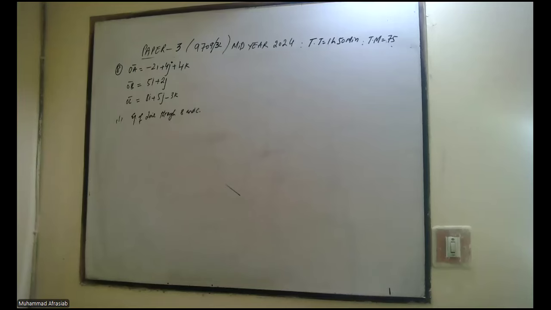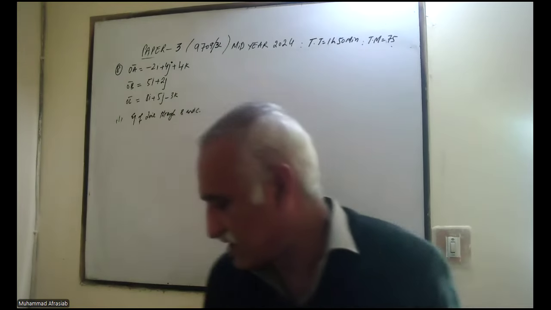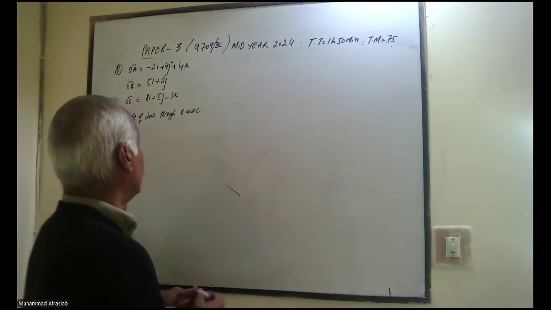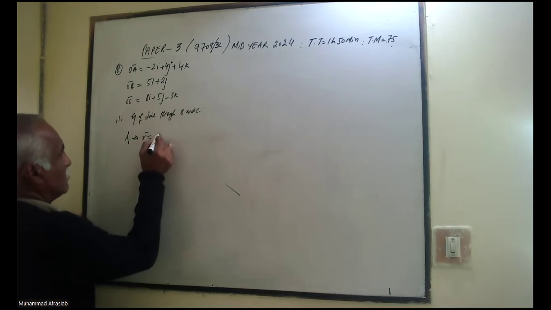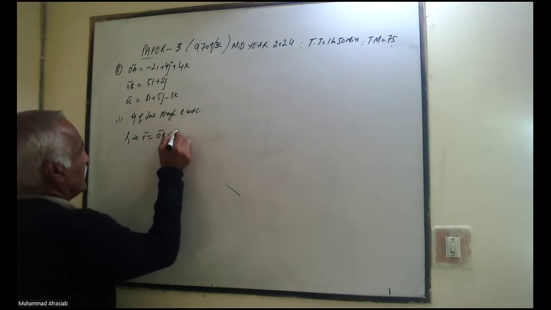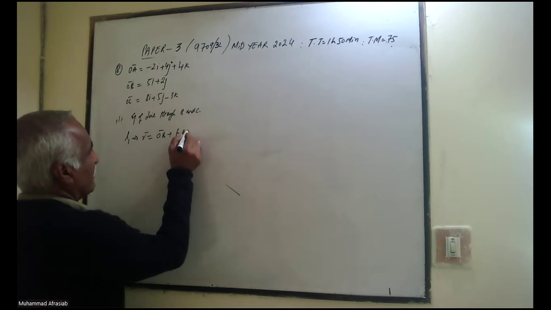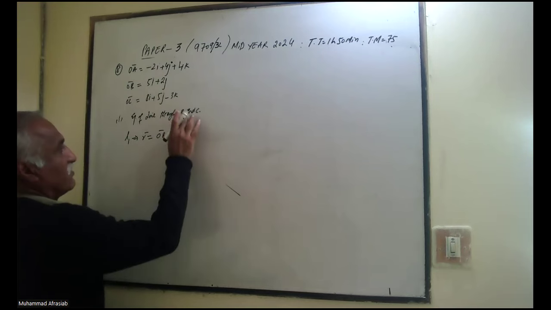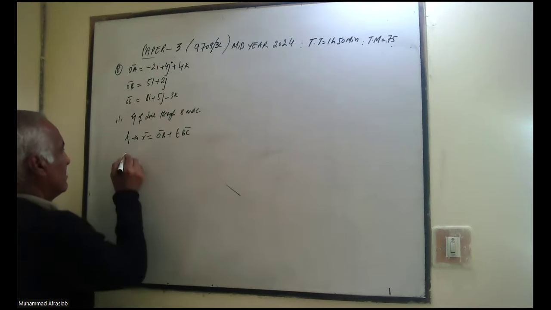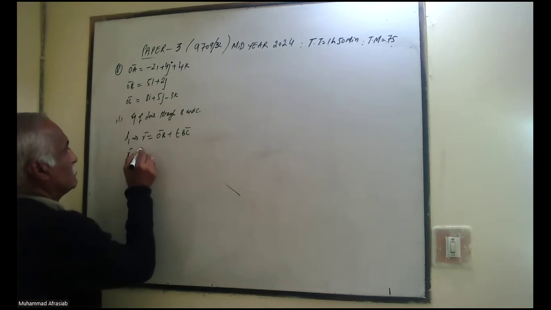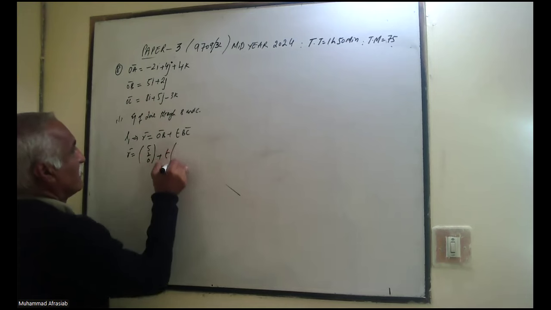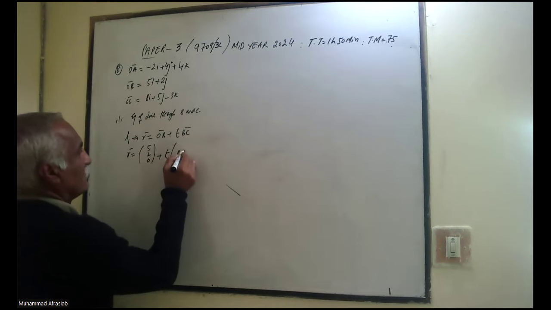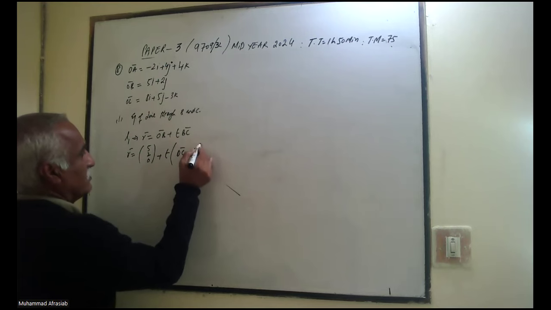Since this is passing through the points B and C, the equation represents the line L1. So L1 is r is equal to OB plus t times BC, because it is passing through the points B and C. So r is equal to OB, that is (5, 2, 0), plus t times BC, that is OC minus OB.